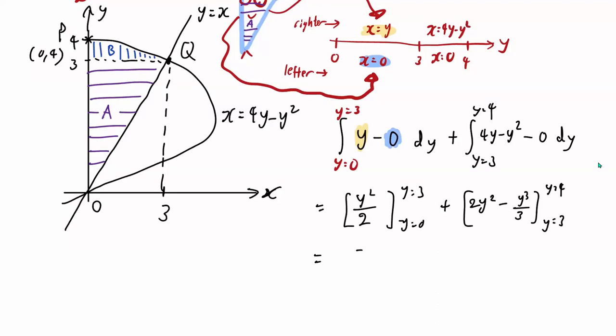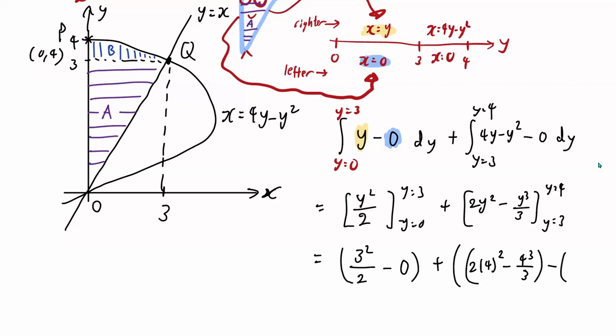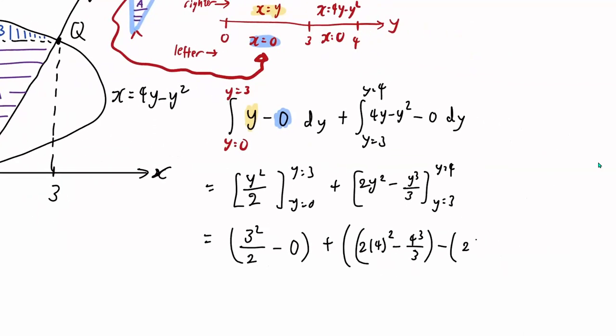Then substitute in: 3 squared over 2 minus 0, plus this one is 2 times y squared minus y cubed over 3, minus, I'll replace with a 3: 2 times 3 squared minus 3 to the power 3 over 3.